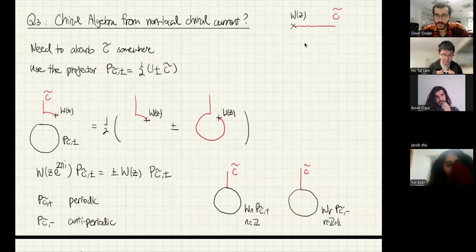Okay. And if I push these things onto the projectors and expand into components, we get something like this and something like this. So if I push these onto the projectors, I essentially get a linear combination of two kinds of operators.